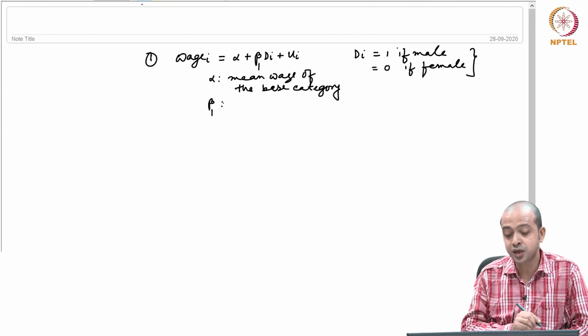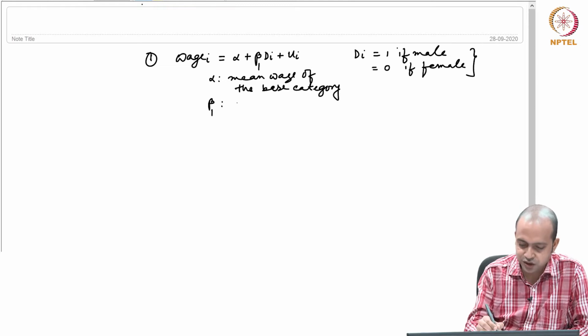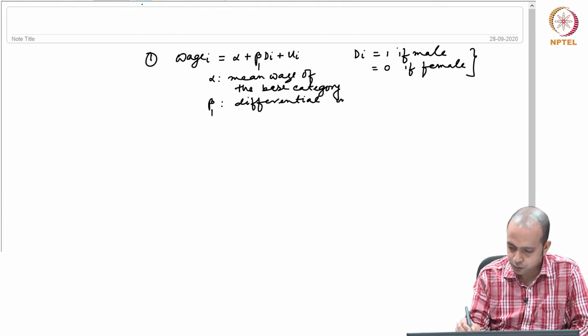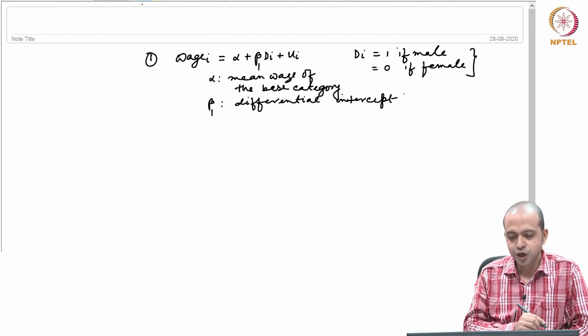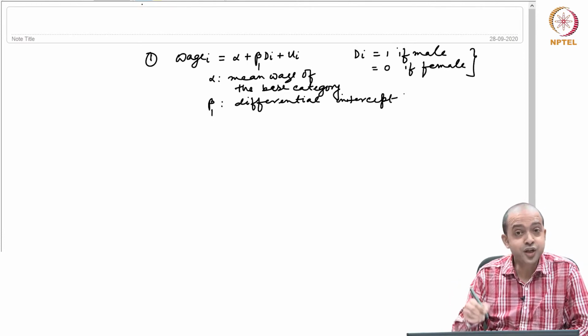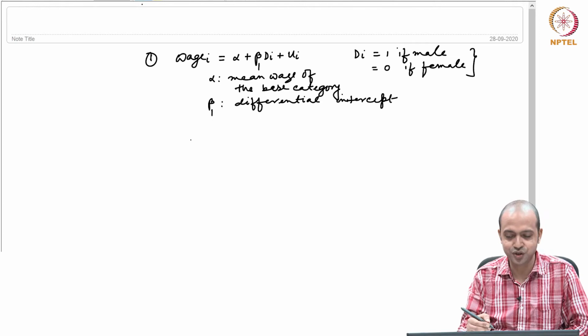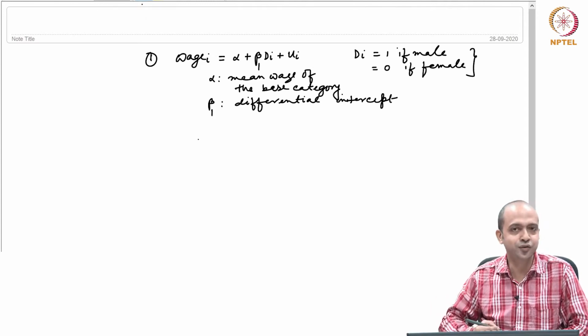So, if alpha denotes the intercept of the base category and beta 1 indicates the differential intercept, you can easily understand that on an average male's wage is beta 1 amount higher than the female category, very easy.